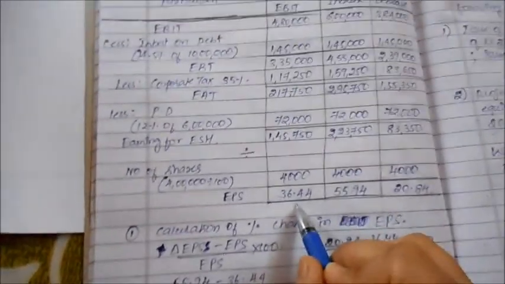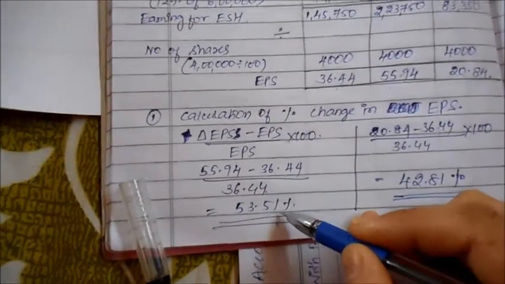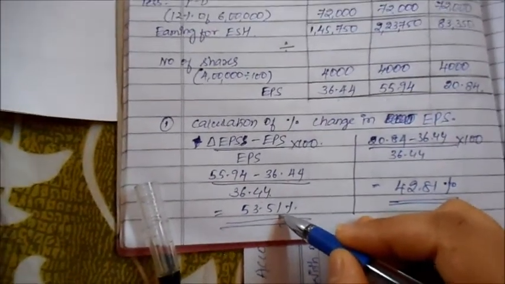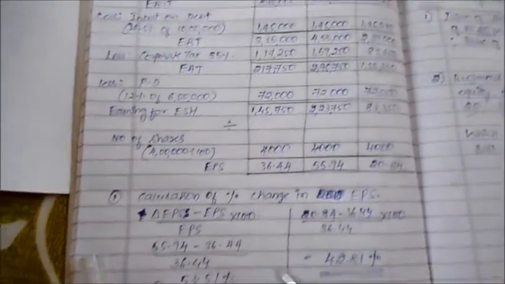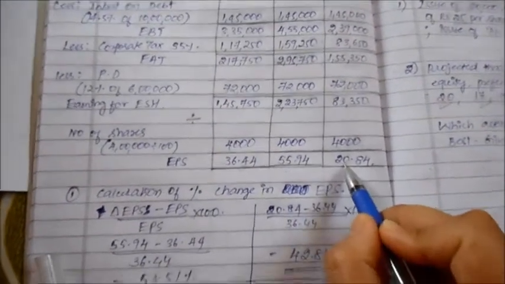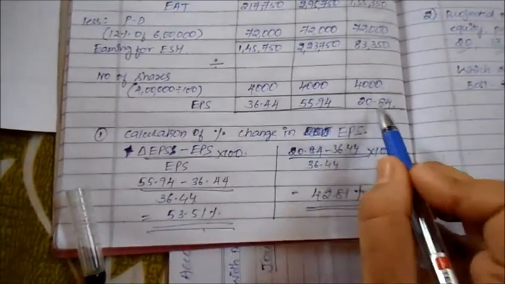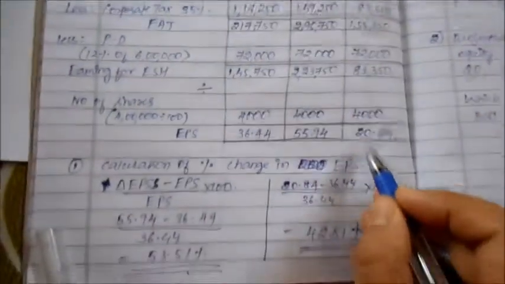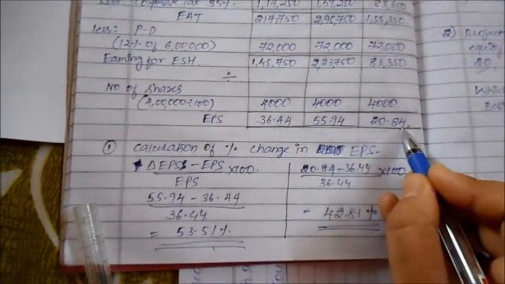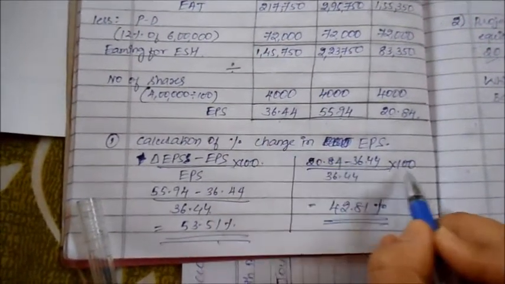So if you increase your EBIT by 25%, there will be approximately a 53.5% increase in the earning per share. Now what will be the scenario if you reduce it by 25%? Again, existing minus the amount at 20% decrease, that is 20.84 earning per share, divided by the existing, into 100.